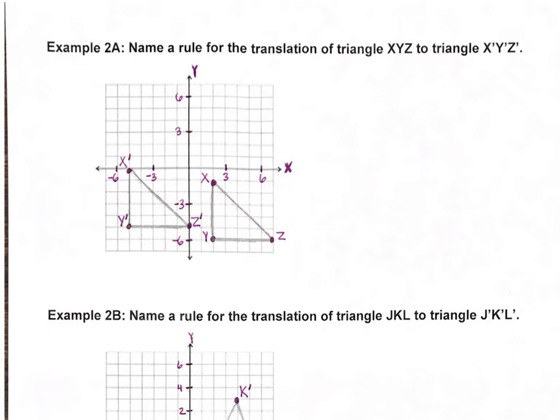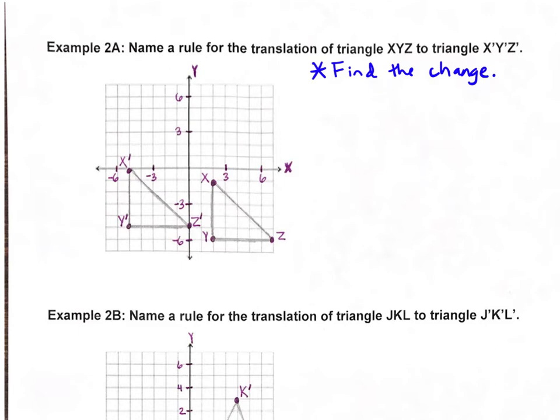So we have learned how to use a rule to perform a translation, but now we're actually going to name the rule. So to do that, we're just going to find the change. What happened to this triangle to get to the new triangle X prime, Y prime, Z prime? So here's what we notice.